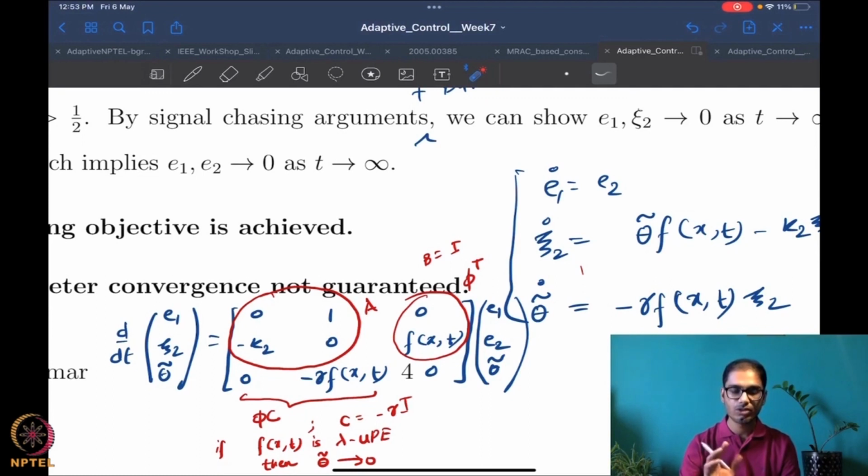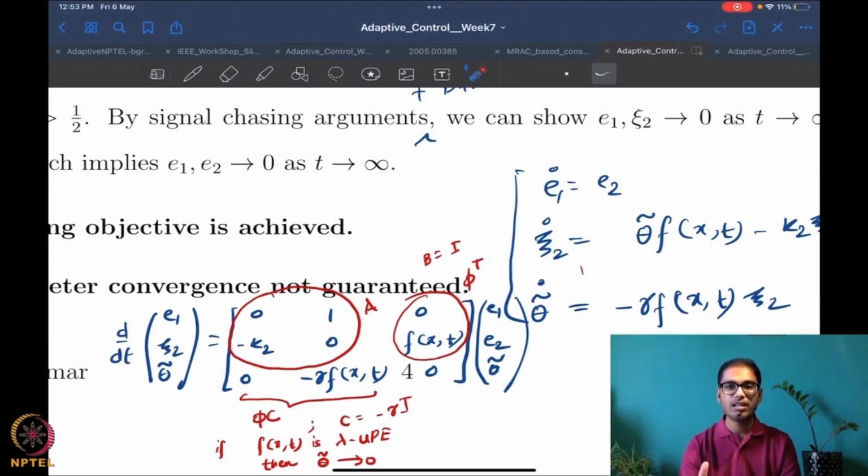So just keep this in mind: parameter convergence, or true parameter identification, is directly related to the persistence of your trajectory. And what is persistence of a trajectory? It means that you have to have a sufficient number of frequencies.